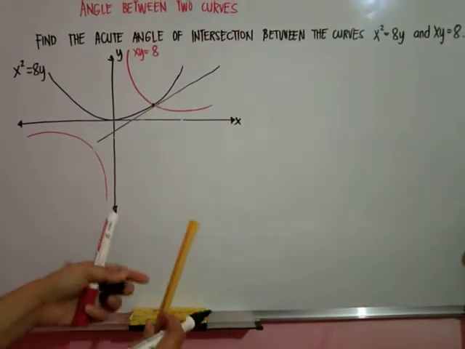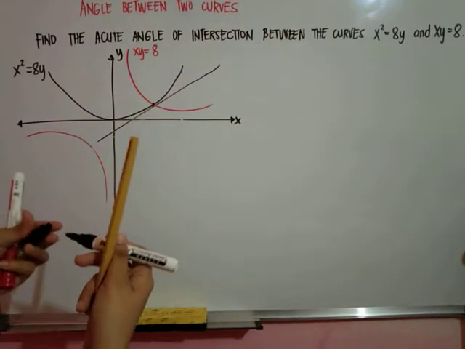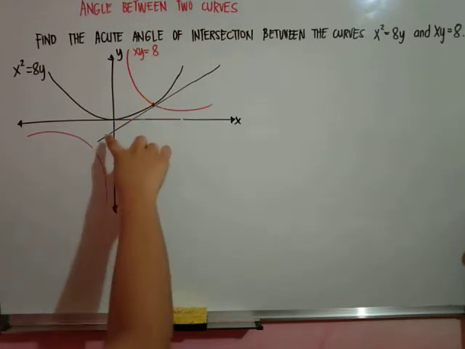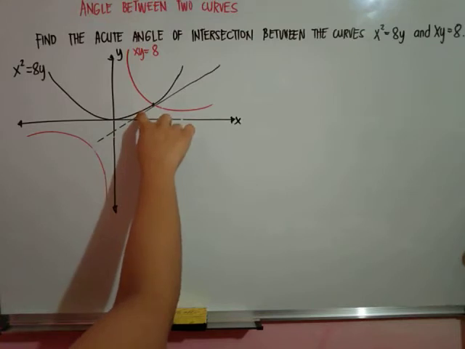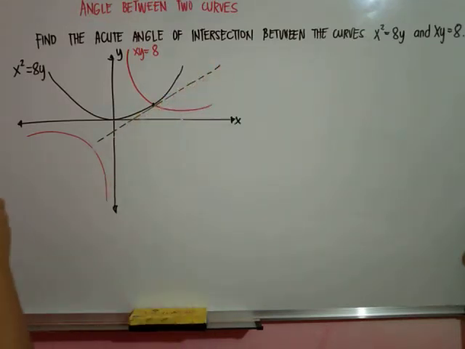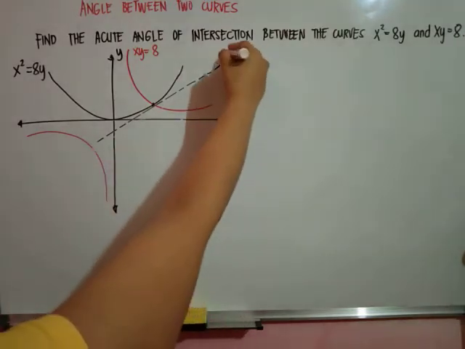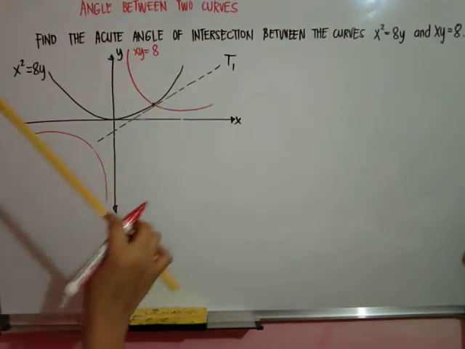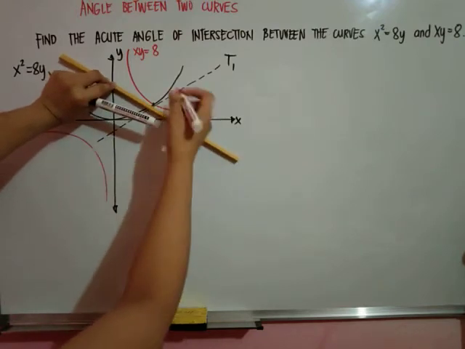Dapat nag-touch lang siya dun at exactly 1 point. So, let's say ito yung first tangent natin dun sa curve x squared equals 8y. Tangent 1. And then, another tangent na idodraw natin is yung tangent naman kay curve xy equals 8. So, ganito.